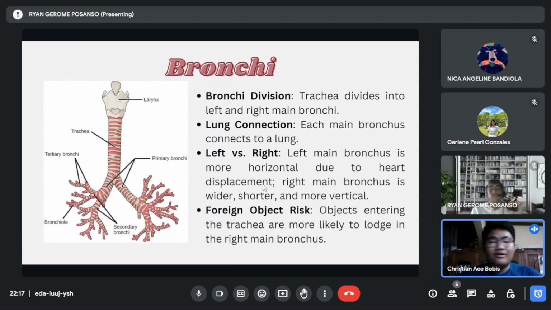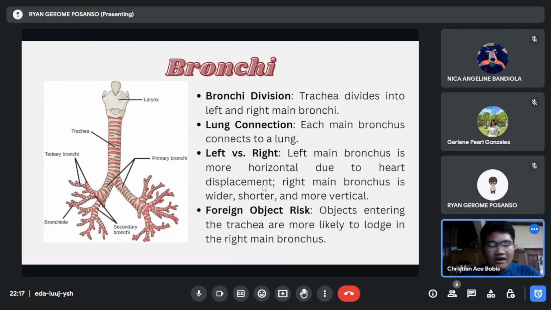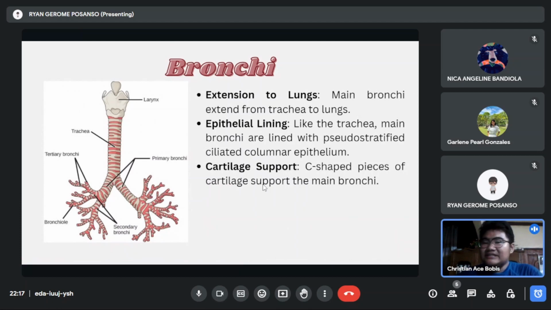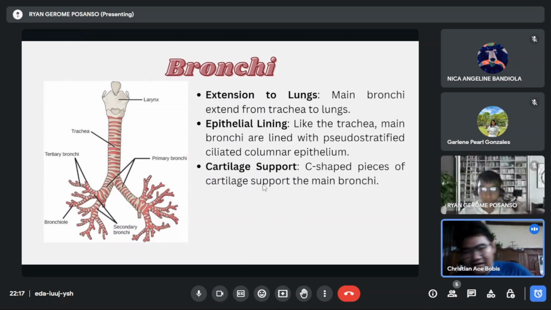And any foreign objects entering the trachea are more likely to lodge in the right main bronchus. Furthermore, the main bronchi extend from the trachea to the lungs. As shown in the image, that is the trachea and it stretches well inside the lungs. You can find both the left and right bronchus.